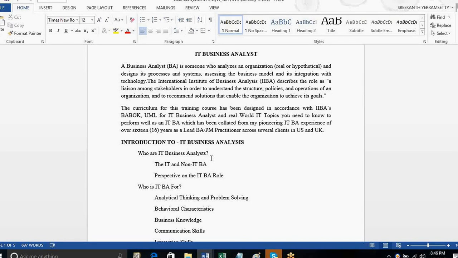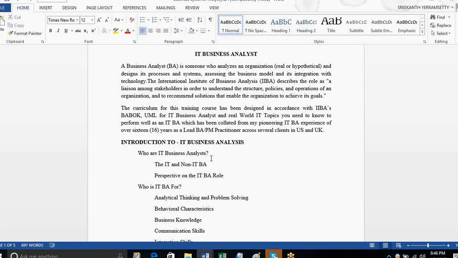Whereas the IT business analyst, as we explained right here in this definition, is a liaison between the business folks and the information technology folks. So he works in the context of information technology. Any doubts or questions here?